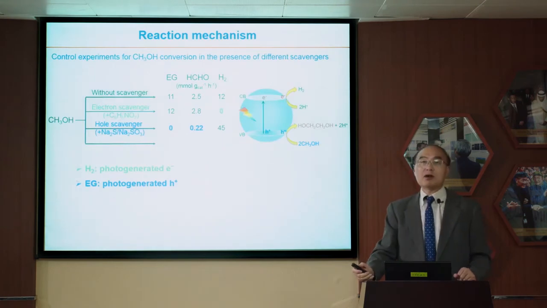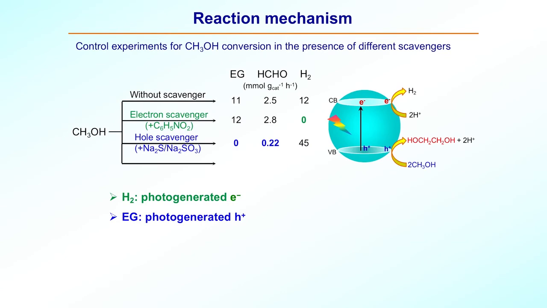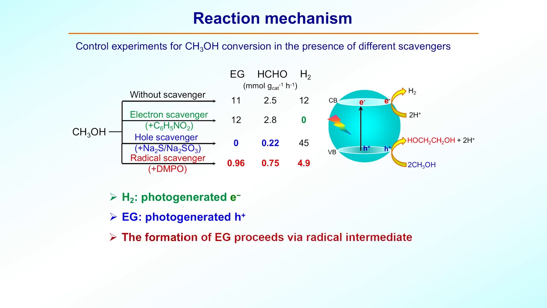Our control experiments for methanol conversion in the presence of different scavengers confirm that hydrogen is formed by the photogenerated electrons, while EG is formed by photogenerated holes. Because the addition of radical scavenger almost stopped the formation of ethylene glycol, the formation of ethylene glycol may proceed through a radical intermediate.